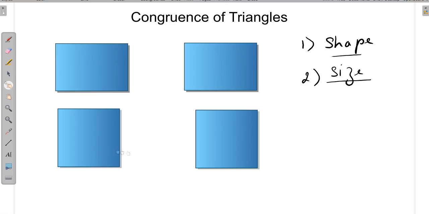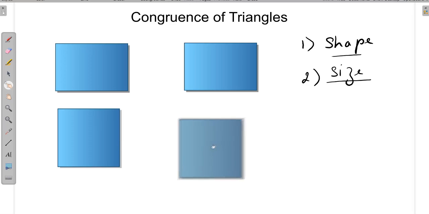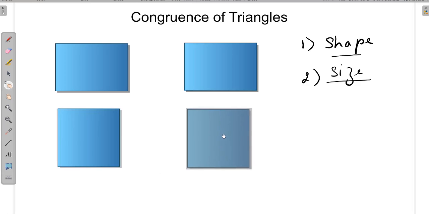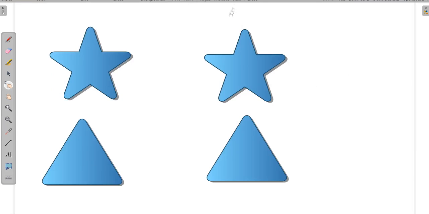Similarly, the figure here is a square. These two squares are also congruent. If I superposition these two figures, they are exact replicas of each other. So we can say that these two figures are also congruent. Here are some other figures.